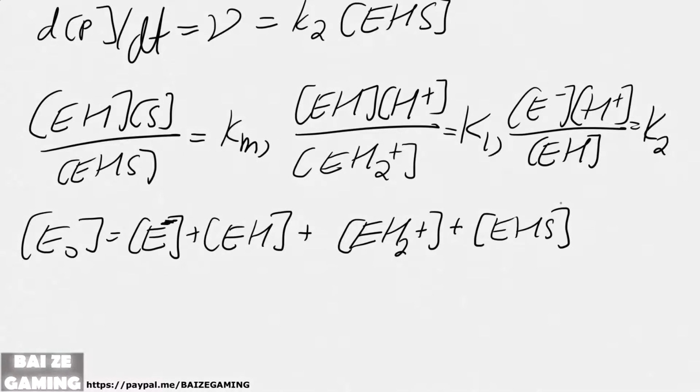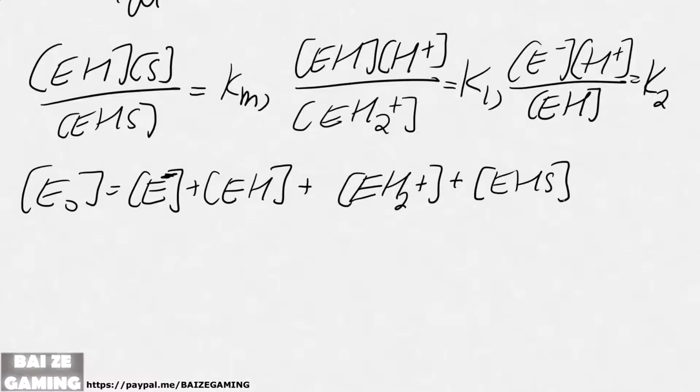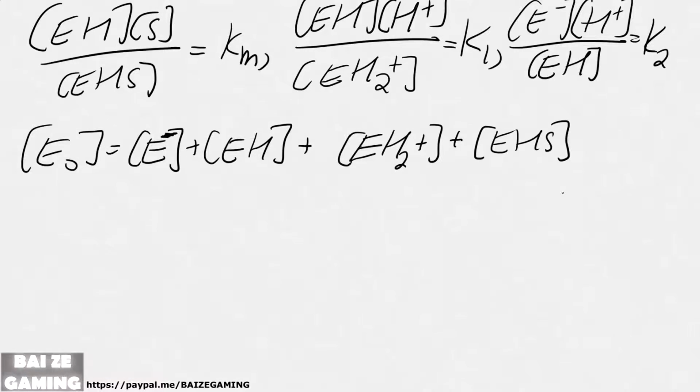And we substitute everything in. Well, see now you have a whole bunch of complexes in each equation, so the best thing we can do is isolate in terms of EH, and then substitute in the results for these two complexes.